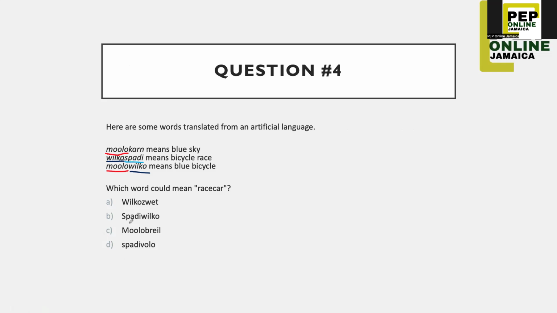Anything that has to do with spotty would be one of our options. But we have this word already, which is Wilco, which is bicycle. So we're not looking for bicycle race. Our bicycle race is spotty. We're not looking for that. We're looking for race car. So spotty has to be at the front. It won't be Wilco. So it has to be spotty volo.